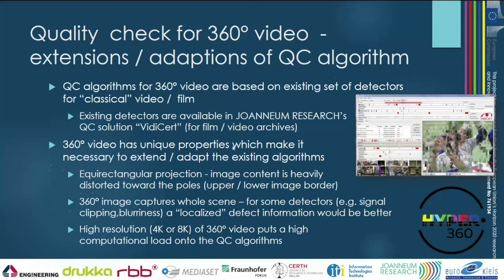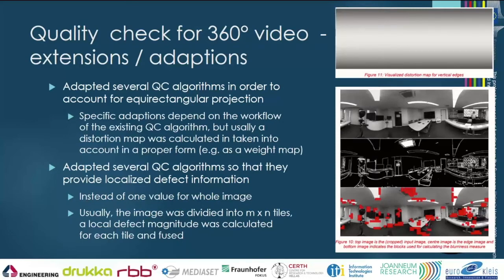So how did we handle that? For the equirectangular projection, we adapted several of the QC algorithms in order to account for it. The specific adaptations depend a bit on the workflow of the existing QC algorithm, because every QC algorithm has a different set of steps.